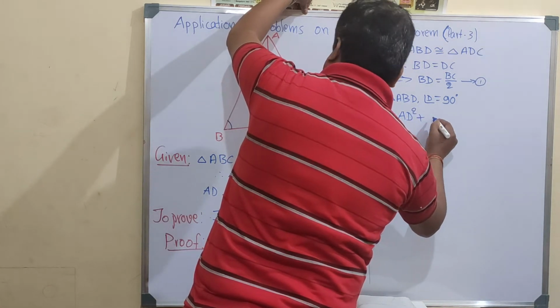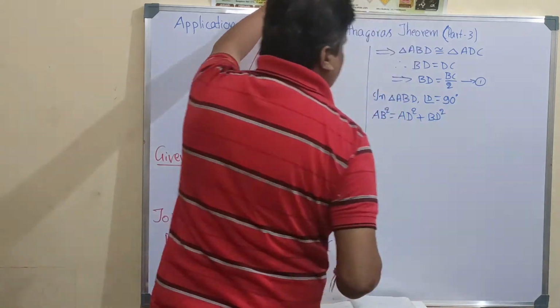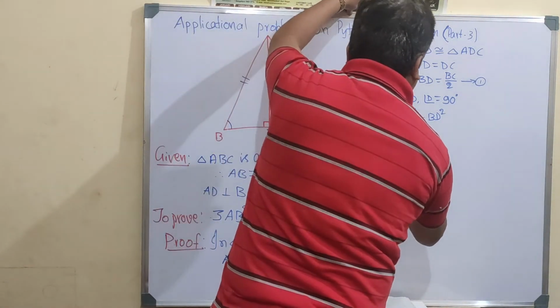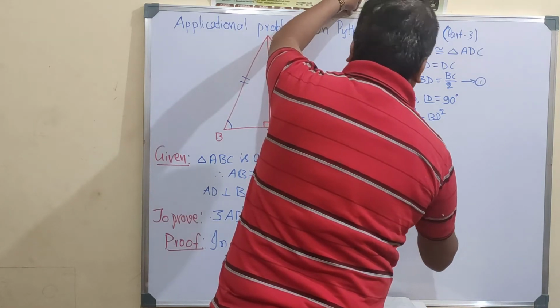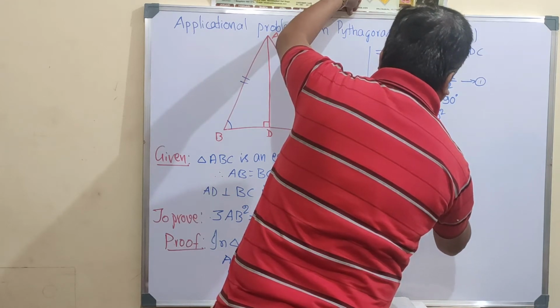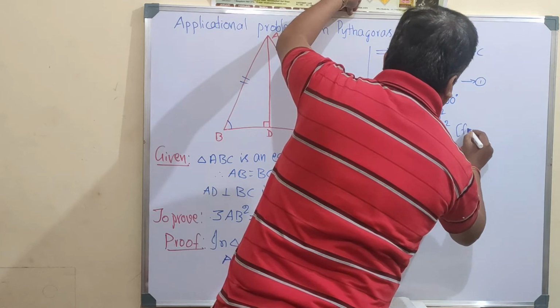That is AB square is equal to AD square plus BD square. Let's keep AD square as it is. For BD square we can write BC by 2 whole square, because of equation 1.